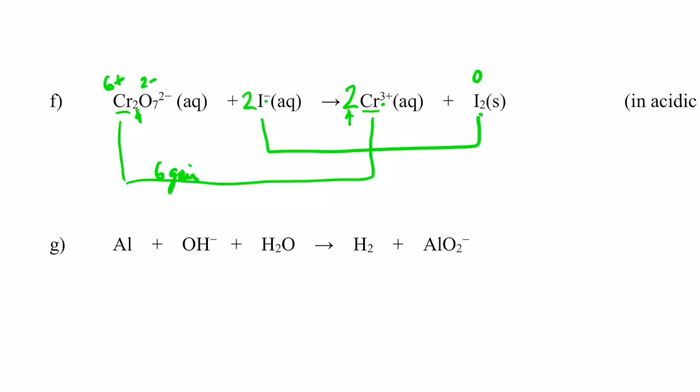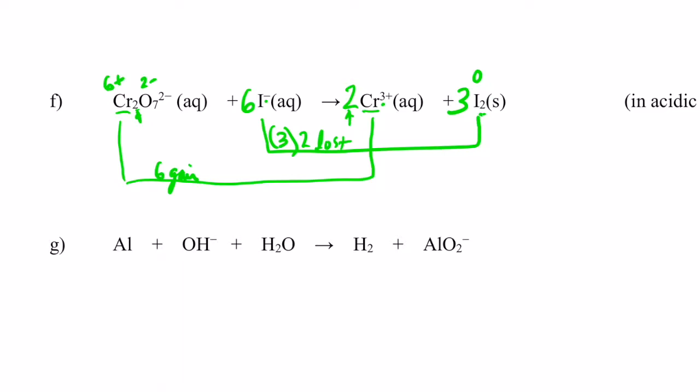Each one loses an electron, but there are 2 iodines that do that, so we have 2 that are lost. So let's go ahead and triple the number of iodine-containing species. Put a 3 in front of I2, and let's erase this 2 in front of I negative and triple it, make that a 6. So now we have 6 electrons lost with 6 electrons gained.